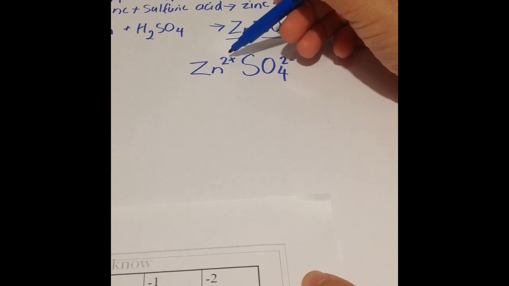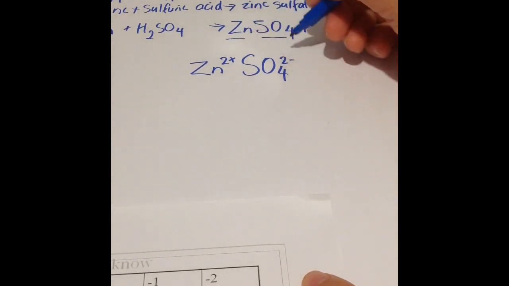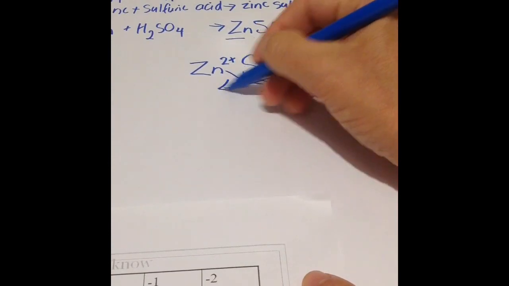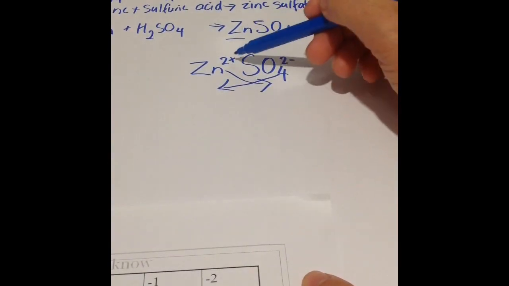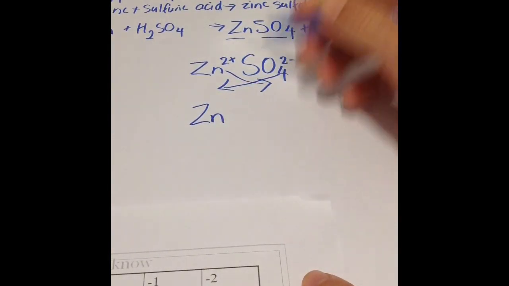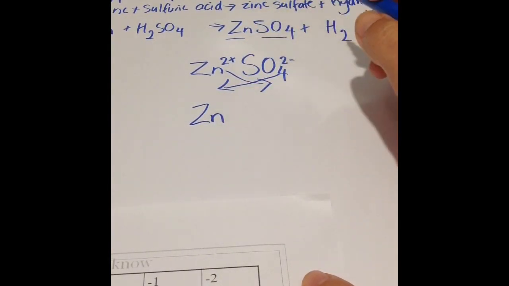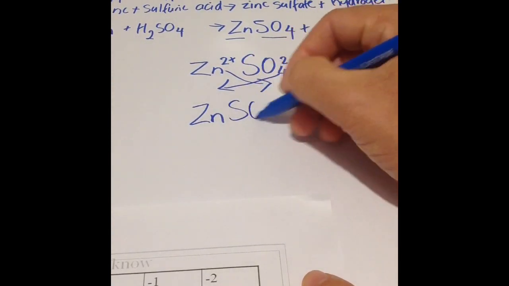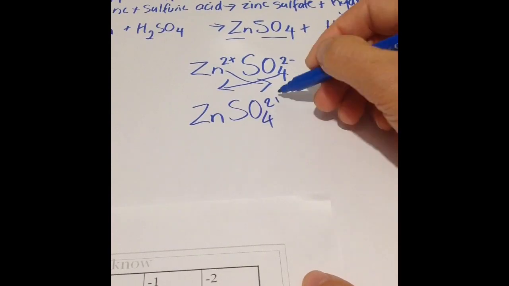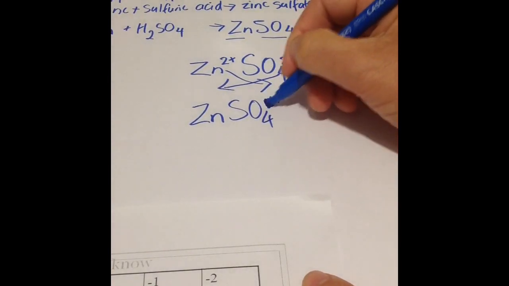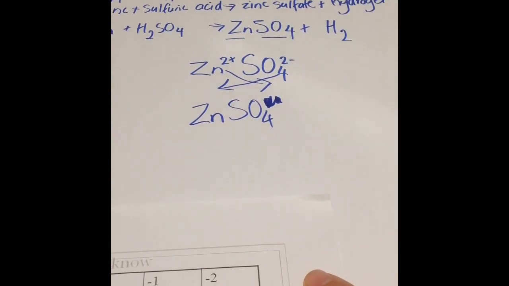Because they're a 1-to-1 ratio, so there's 2 positives and 2 negatives, when we do our swap and drop, remember that I've said before that if it's a 1-to-1 ratio, you just drop the charges and you don't put a 1, you don't put a 2, you put the Zn and the sulfate. Oh, we don't put that charge. That was a mistake. That's exactly what we don't do. So zinc sulfate.